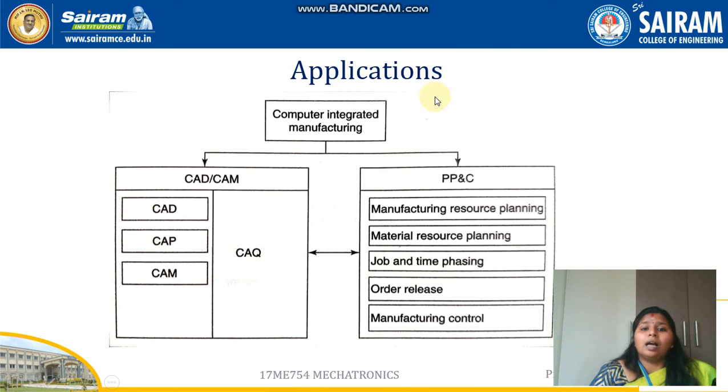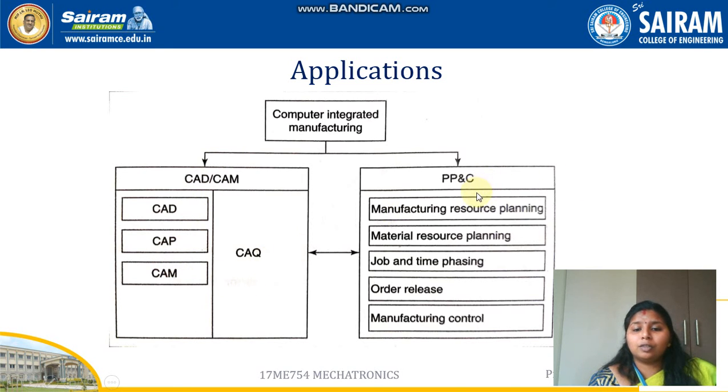And the next one is applications of mechatronic systems. For example, the first one we can take is CIM, that is computer integrated manufacturing. In a CIM, the components present are CAD, computer aided drawing, processing, manufacturing and quality checking.